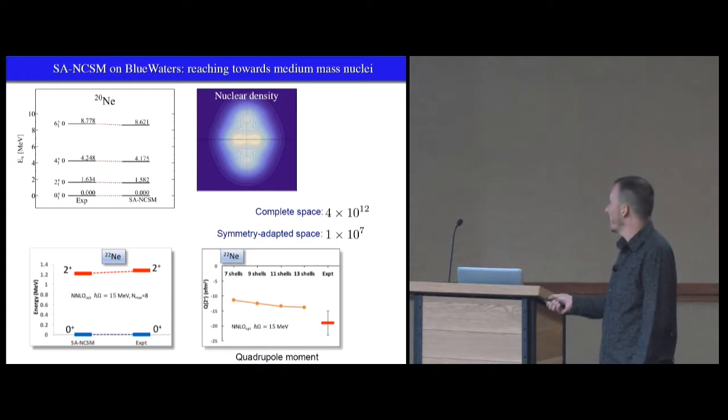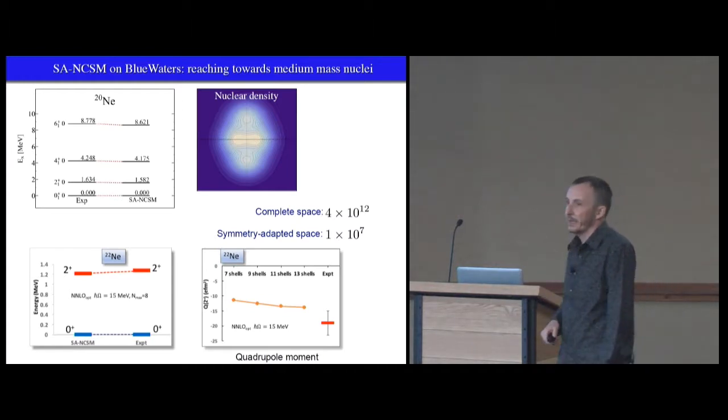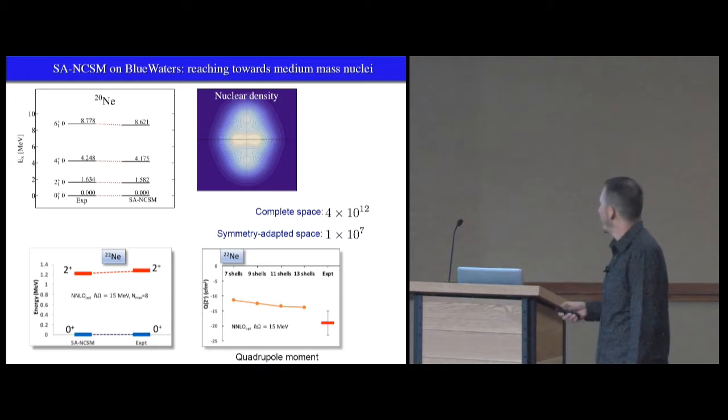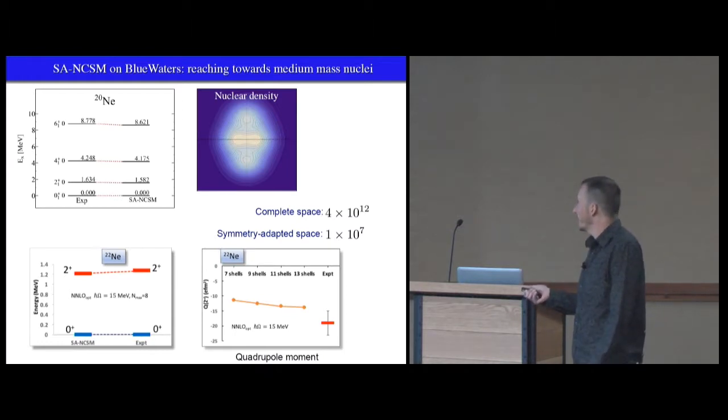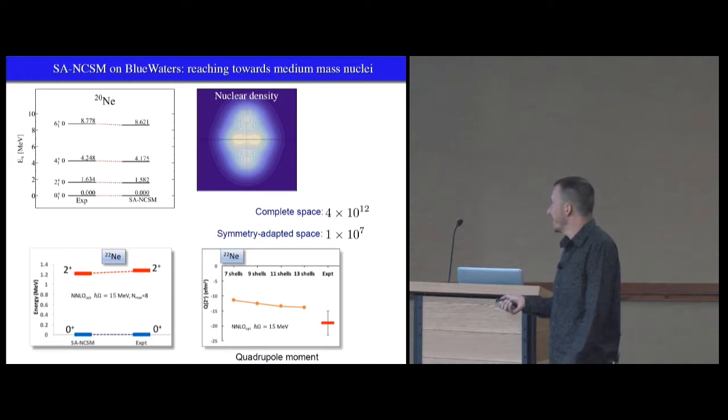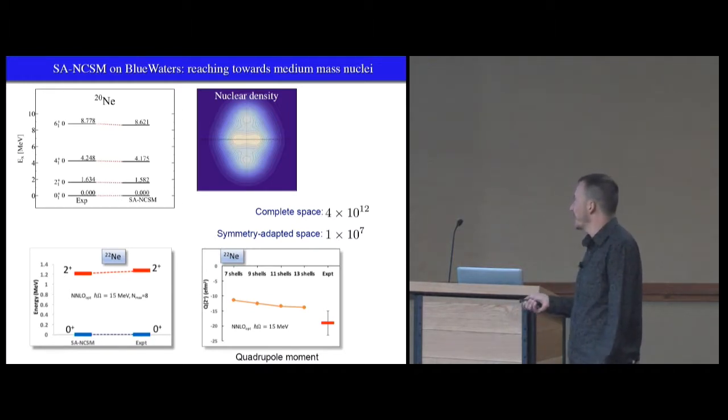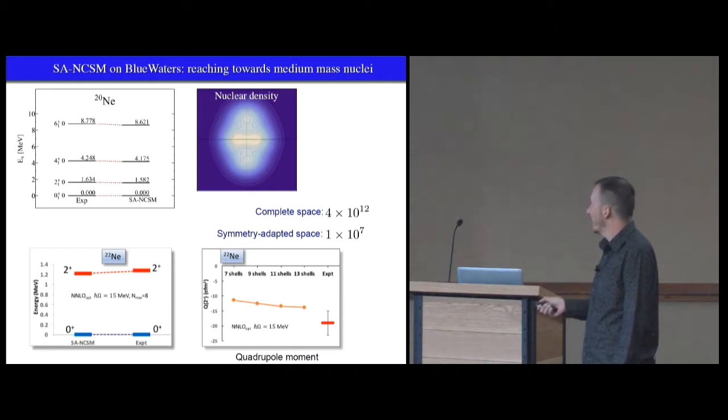In this calculation, the complete space is 4 times 10 to the 12. Our adapted space is just 10 million. The excitation energies compare quite well with experiment. And this is the result for neon-22, which is an even heavier nucleus. And again, we have good agreement with experiment.